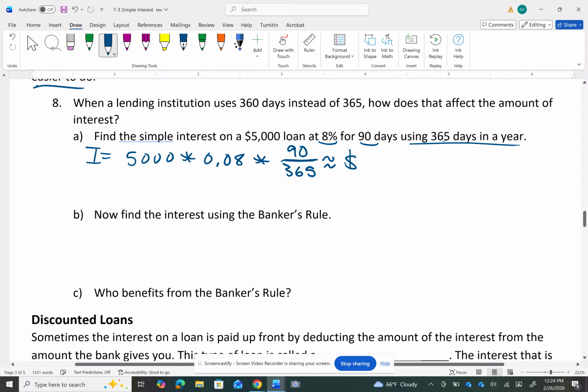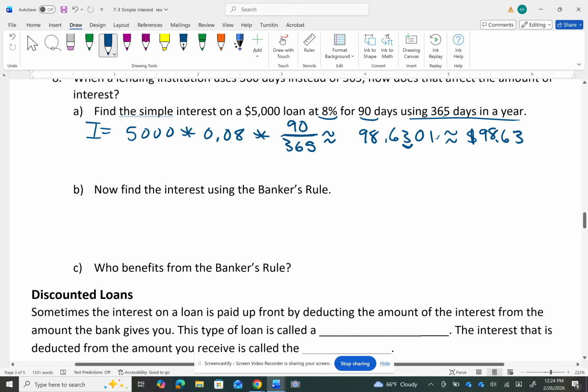I wind up getting 0.6301, and there's more. Because it's money, we'd probably round to the hundredth, so it's about $98.63. That's the interest we would owe for that loan for those 90 days.